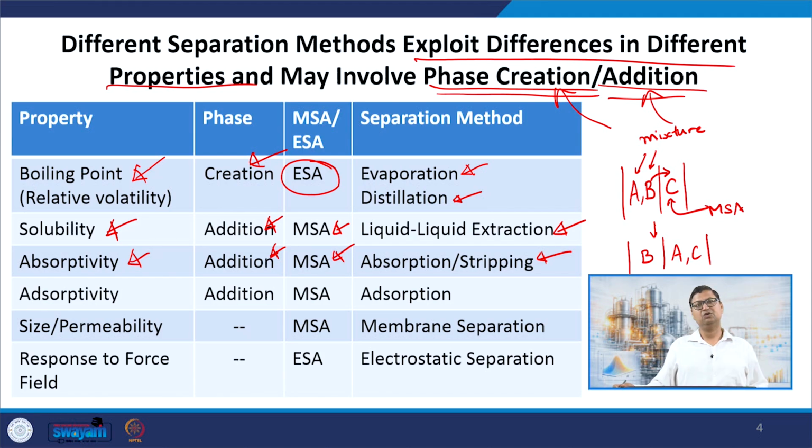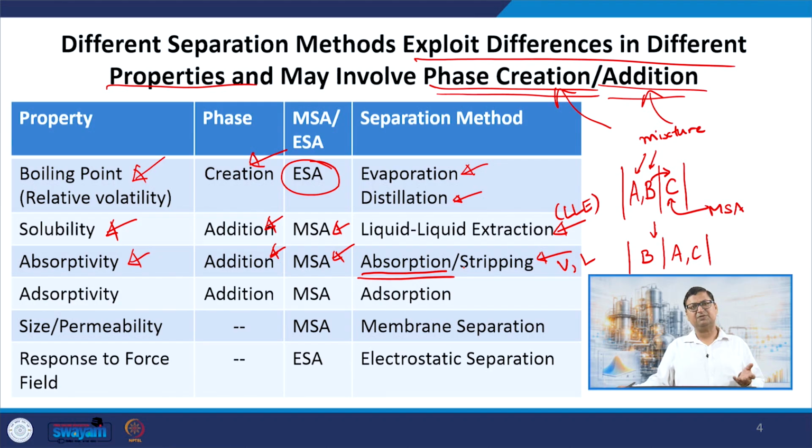Typically, when we use an absorption process, we are not referring to just two liquid phases, we are referring to one liquid phase and one vapor phase. That is the fundamental difference compared to the liquid extraction, or LLE, so to speak. In this case, we have a vapor phase and a liquid phase, and if the liquid phase is my absorbent, then I will use the term absorption.